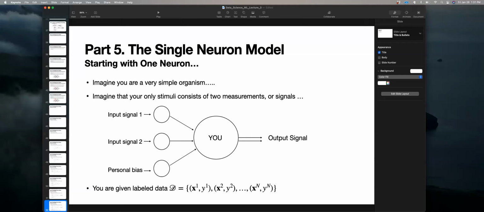The X, or the signals or the measurements, and the corresponding Y is the choice that was appropriate. So the label for those given inputs. So with that, we can become a little bit more formal and say that for this first input node here, we'll pass in the first feature from the vector X.